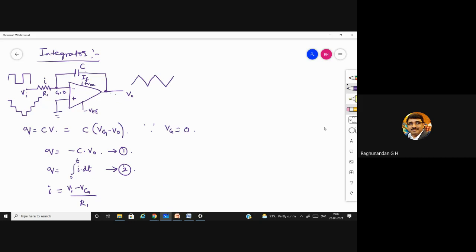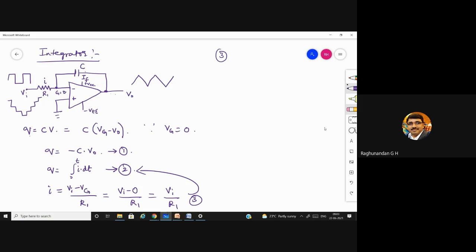And again by the virtual ground concept, Vi minus 0 by R1, that is equal to Vi by R1. So we got the I value. Now we are substituting it in equation number 2. Take this as equation number 3.